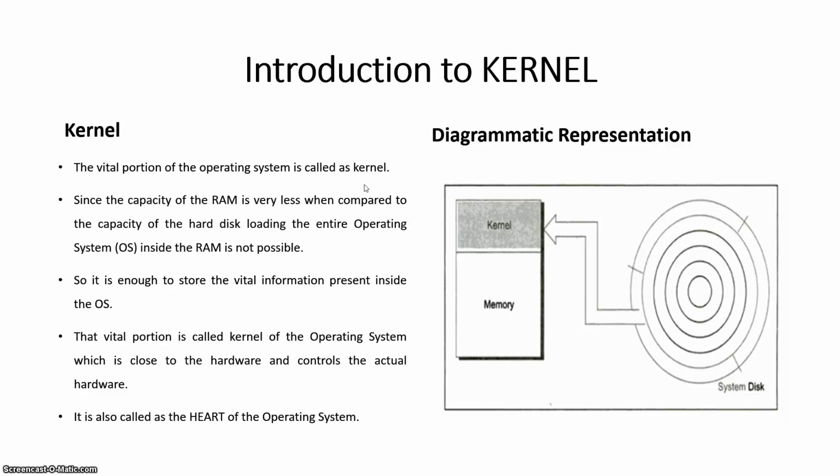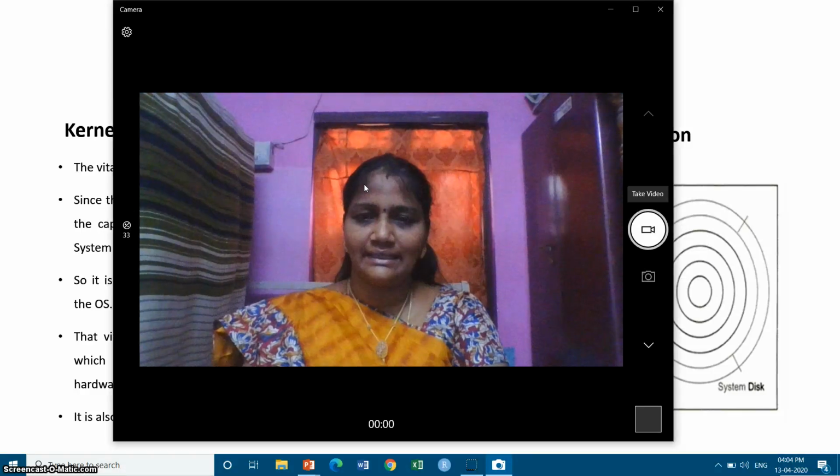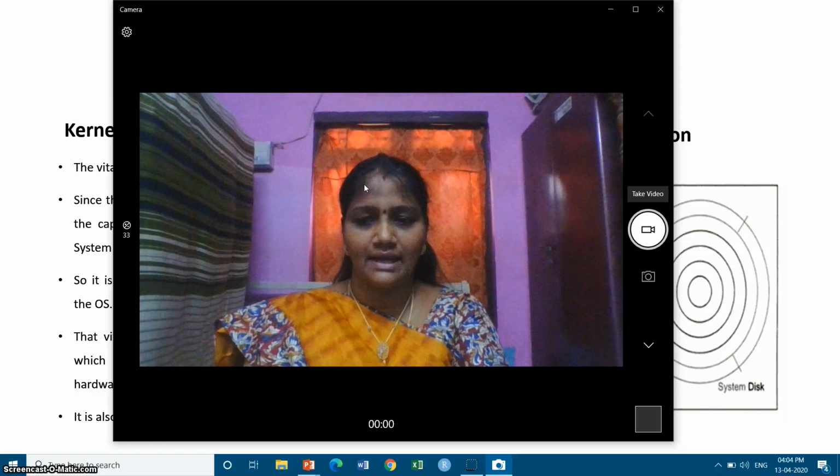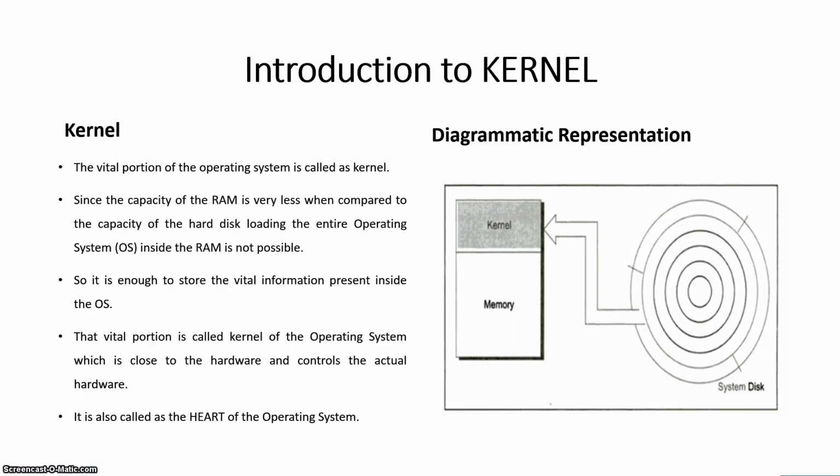We have seen already: the capacity of the RAM is very small compared with the capacity of your hard disk. So loading the entire operating system from your hard disk to your main memory is very hard. It is not possible.